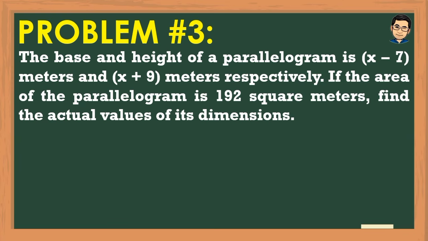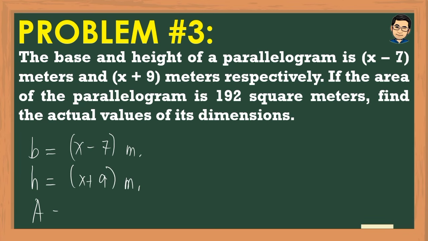So, yung parallelogram po, yung dimensions po niya, base and height. So, yung base po is x minus 7 meters. And then, yung height naman po is x plus 9 meters.